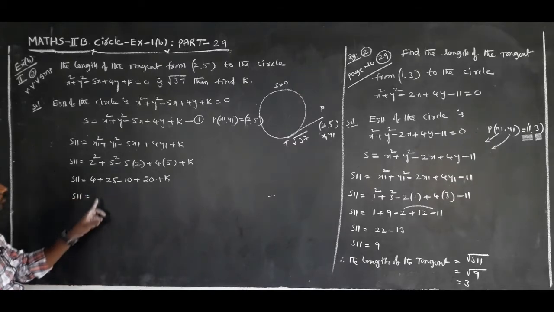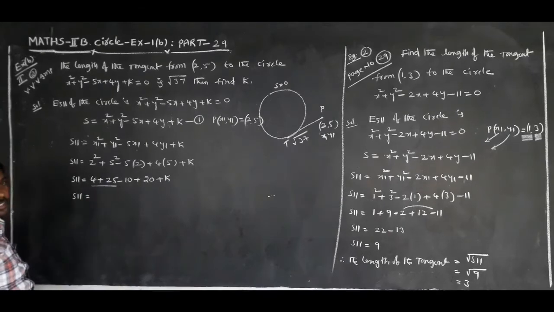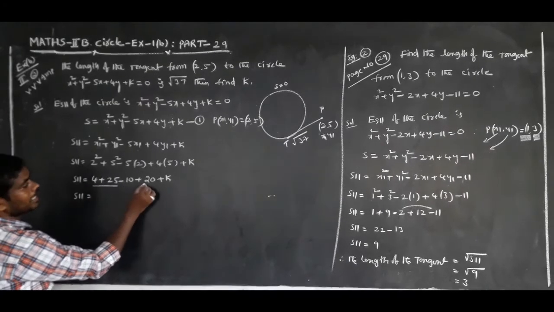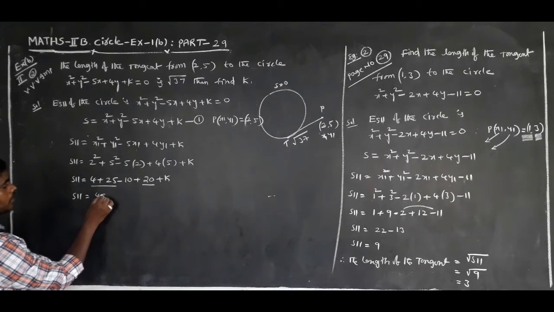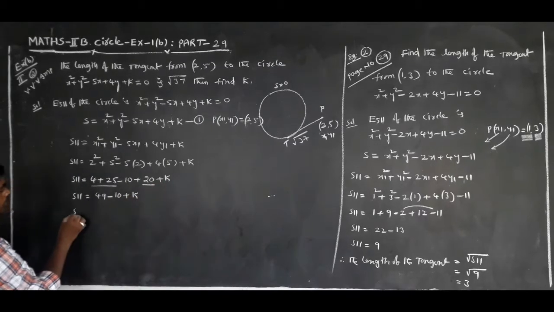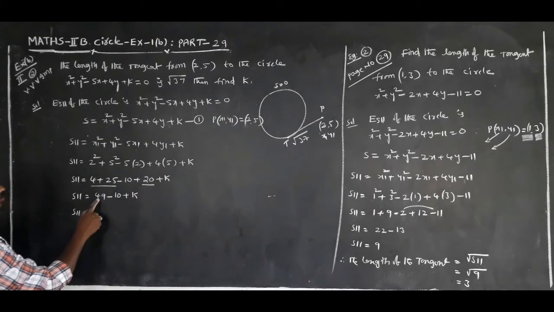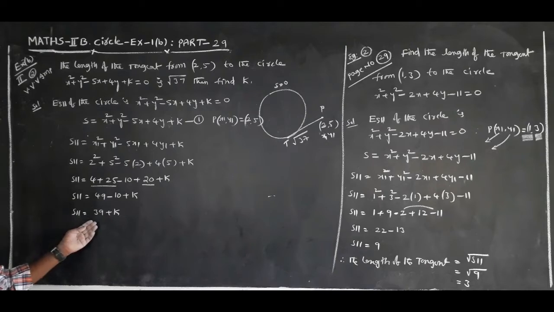S11 is equal to 4 plus 25 is 29, 29 plus 20 is 49, minus 10, plus k. S11 is equal to 49 minus 10, 39 plus k. This is the S11 value.